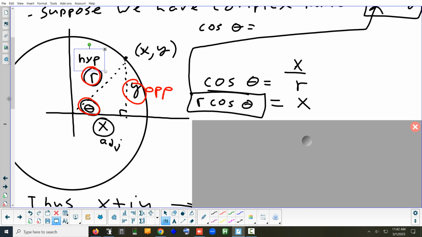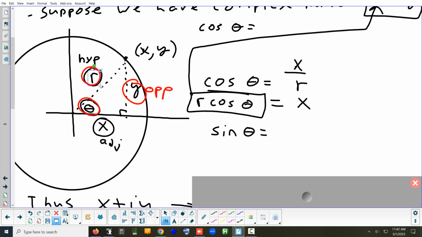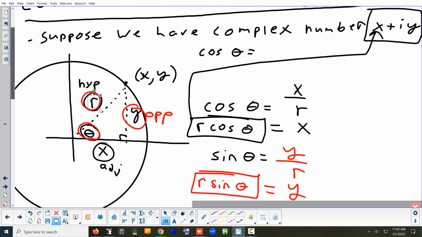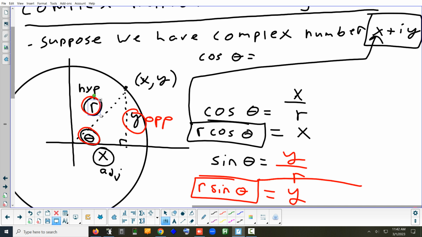That's the only other side that I could use, and we'll be able to calculate it. So what's the opposite, and the hypotenuse? And what about a formula that allows me to replace Y? R sine theta. So that is going to go there.